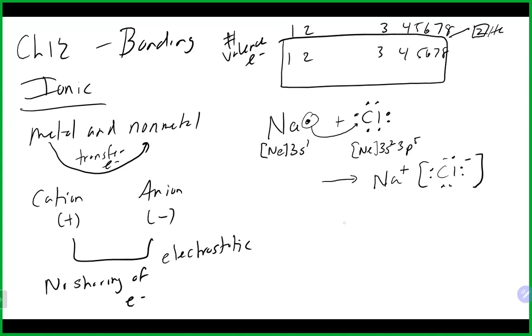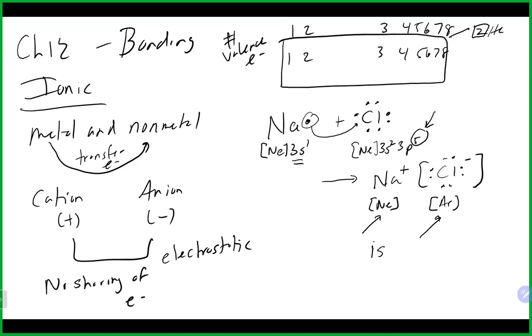Remember that what happens with the electron configuration, sodium lost this electron here, that's its valence electron. It now has the same electron configuration as neon. The chlorine gained that electron right there into that orbital, and that now gives it basically the same electron configuration as argon. And that is the whole purpose of bonding, both ionic bonding and covalent bonding, is everybody wants to achieve the same electron configuration as a noble gas.